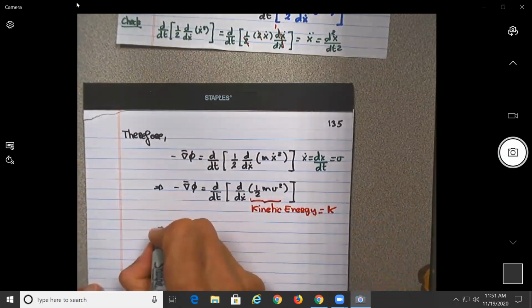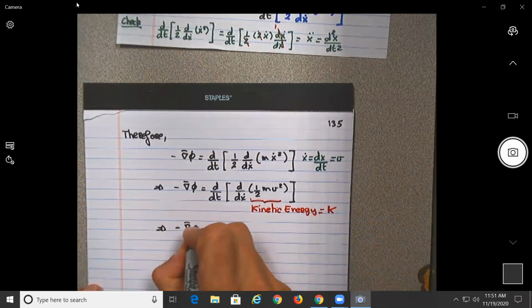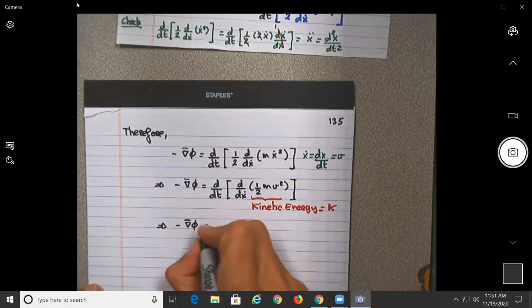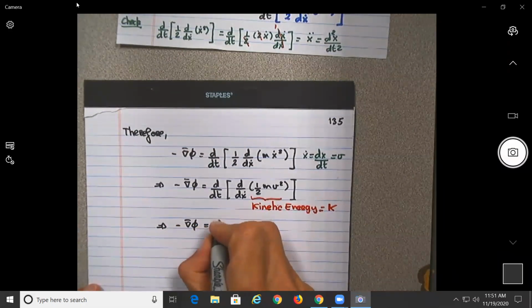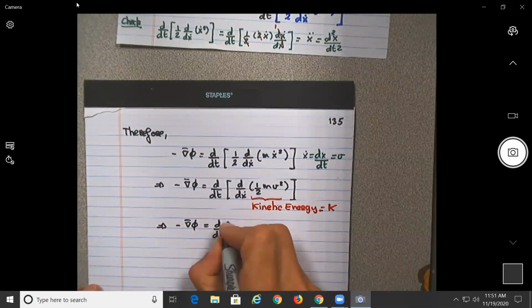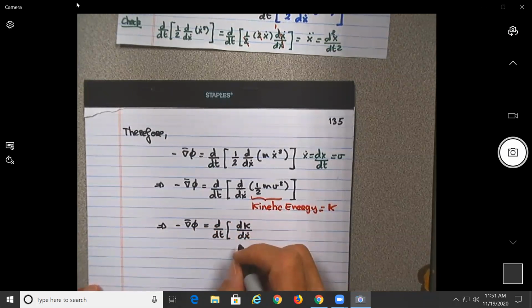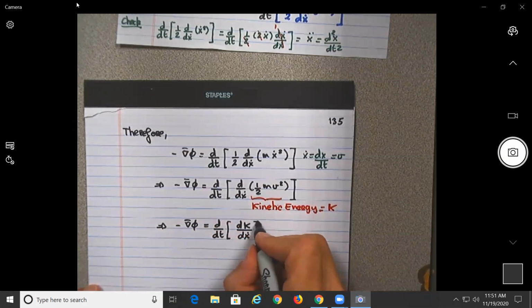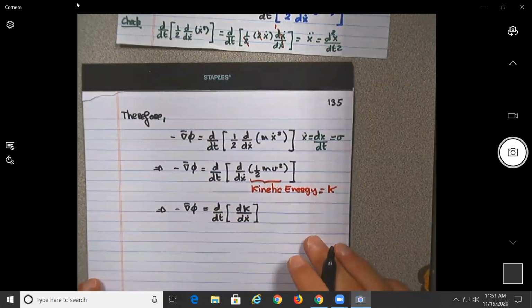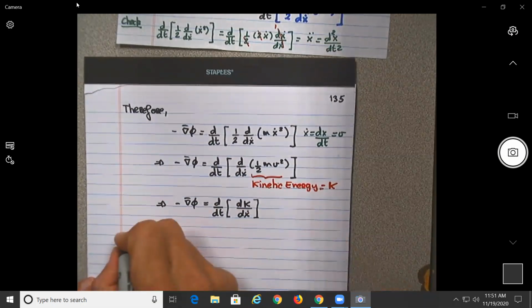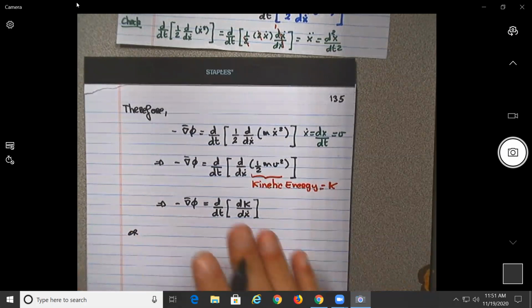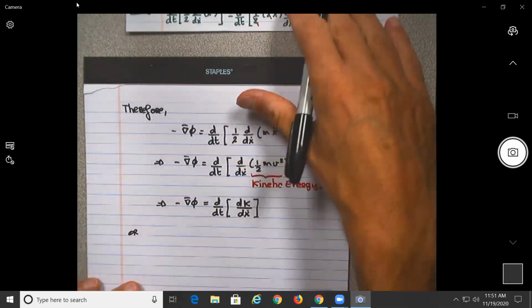So from here we can write that minus the gradient of the potential function will be equal to d/dt of dK/dx dot. Okay? This is really the simplified Lagrangian. If you want, then I'll give you the full.